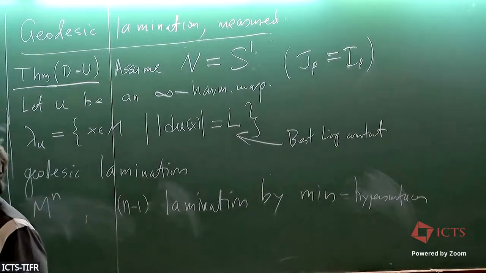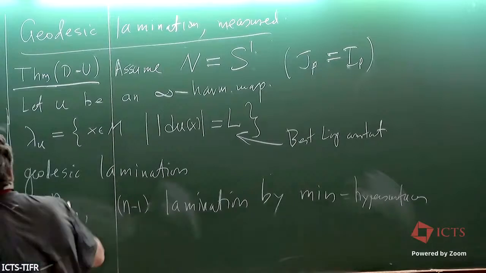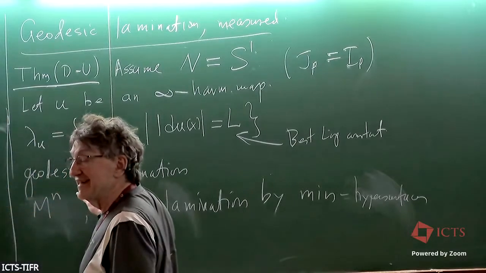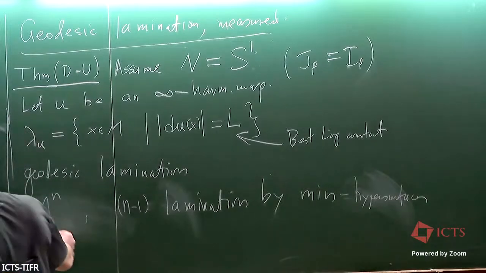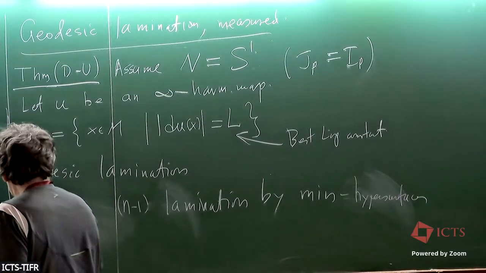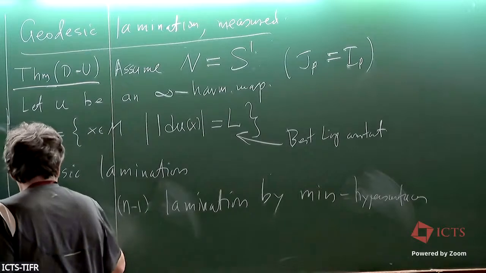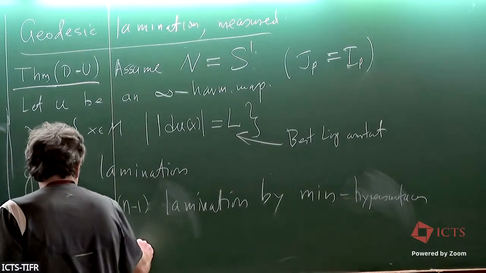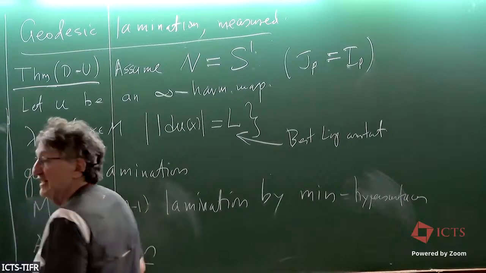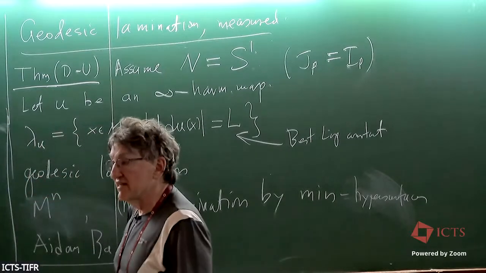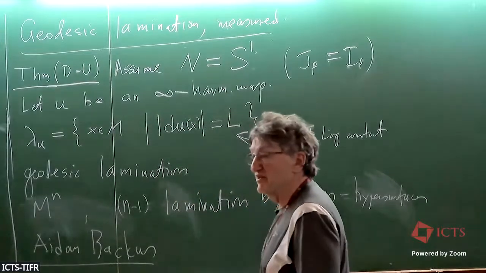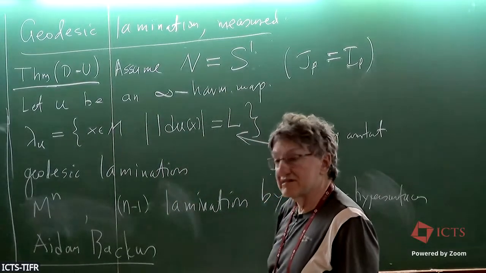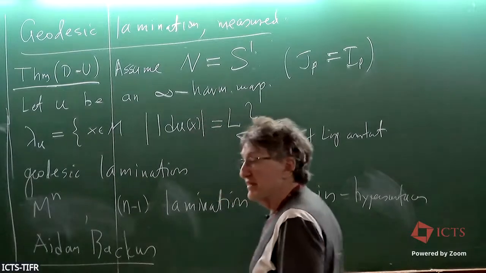Actually, if I had time, I could explain this. I think one of my students, Aidan Backers, started this problem, and it's quite interesting. If you look at the maps to the circle for higher dimensions, he studied these minimal surfaces.